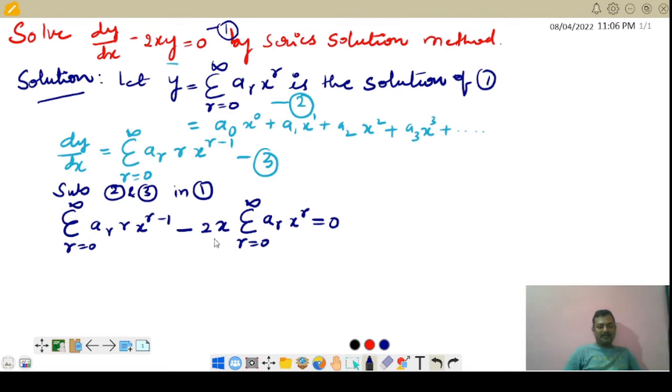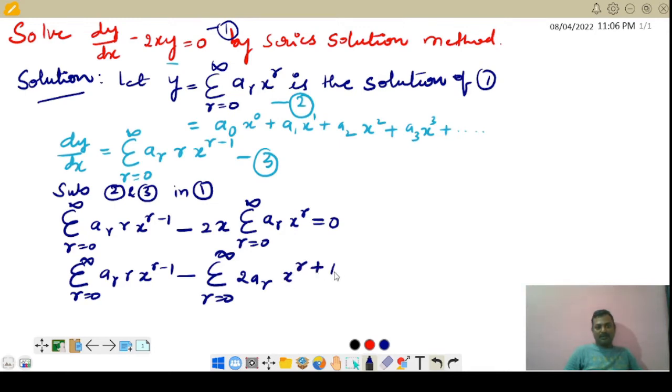Now student, in the second step you can multiply 2x inside. I will write the first term as it is: summation r from 0 to infinity, r a_r x raised to r minus 1, minus summation r from 0 to infinity, 2 times a_r, x into x raised to r is x raised to r plus 1, is equal to 0.